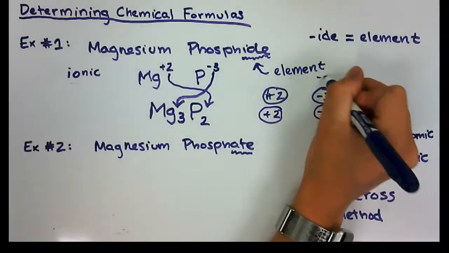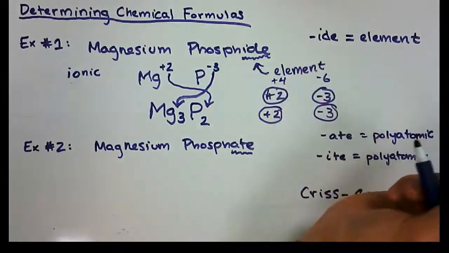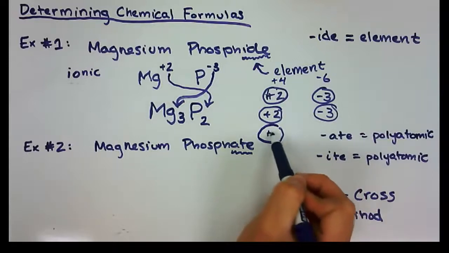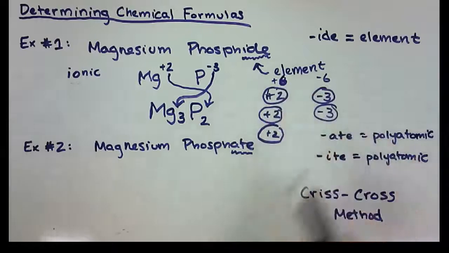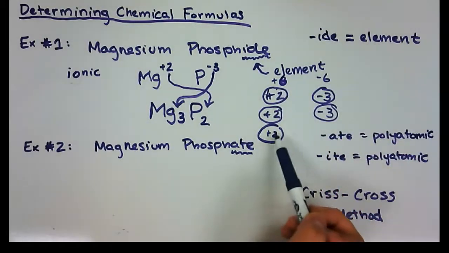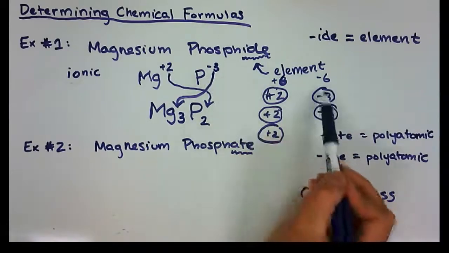Now we have -6 over here and +4 over here. It becomes clear that all we need to do is add one more +2 charge to get a balanced charge. Now we have +6 and -6. That is 3 magnesiums with a +2 charge and 2 phosphoruses with a -3 charge.